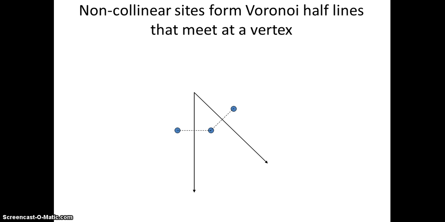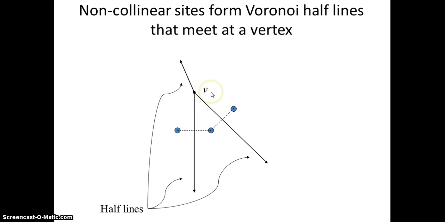When non-collinear sites exist, then two bisectors will meet at a point from where we again have another edge which is a half infinite edge, because these three edges are half infinite edges concentrating on this particular point, that is V, the vertex.